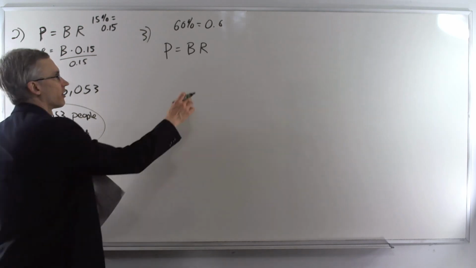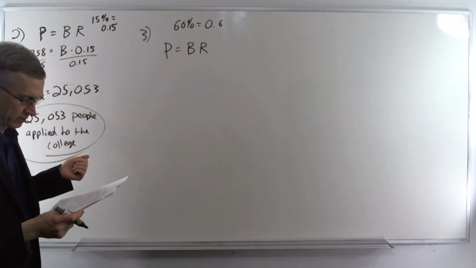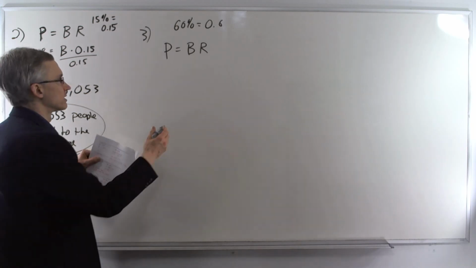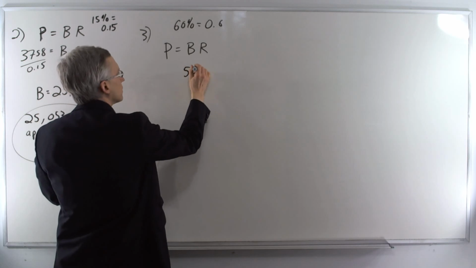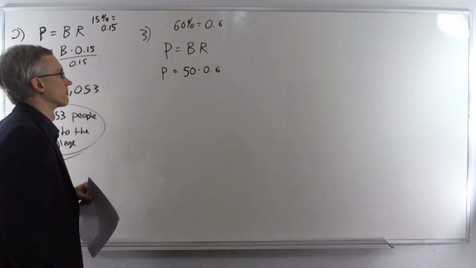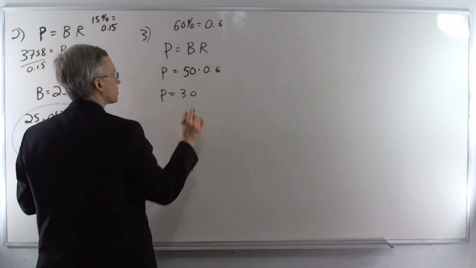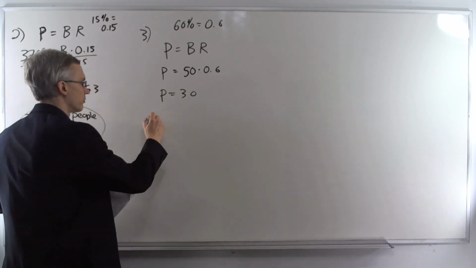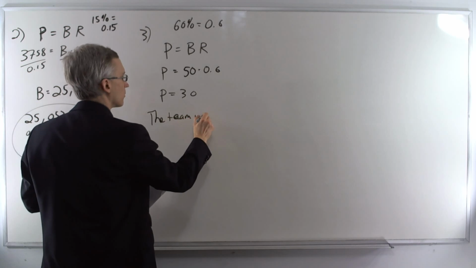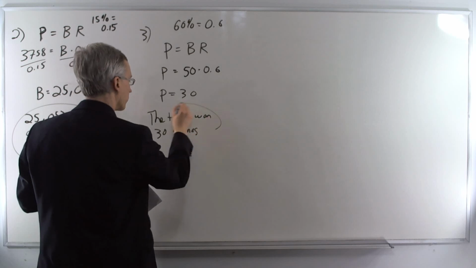So we're going to plug that in for R. Now we need to determine, is 50 the base or is it the part? Well, 50 was the total number of games they played in the entire season. So that's the base, and we're solving for the part. So 50 times 0.6 is 30. So the team won 30 games.